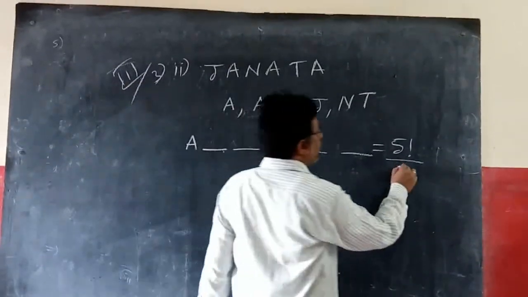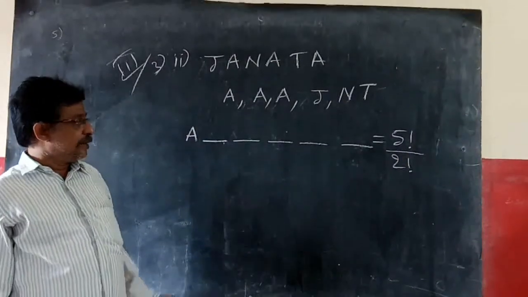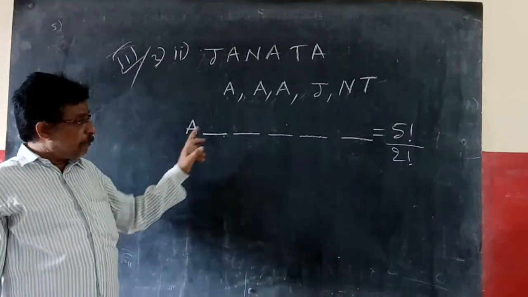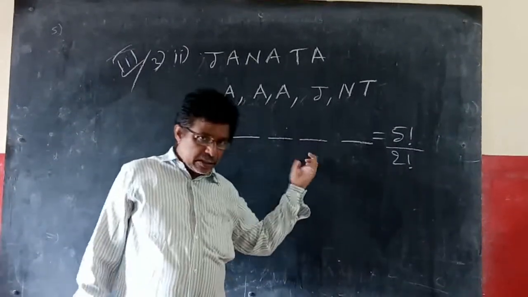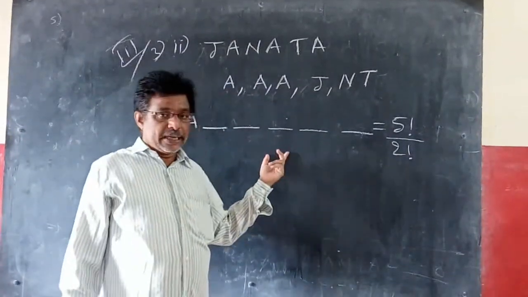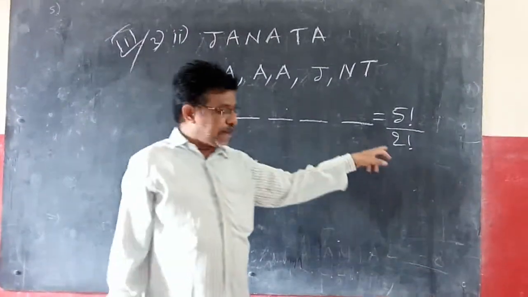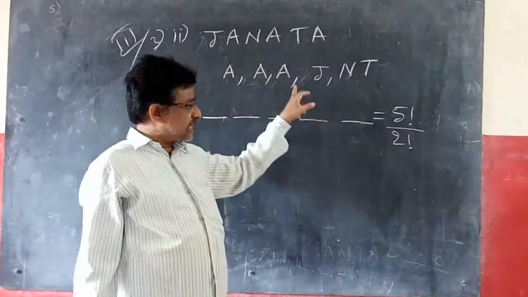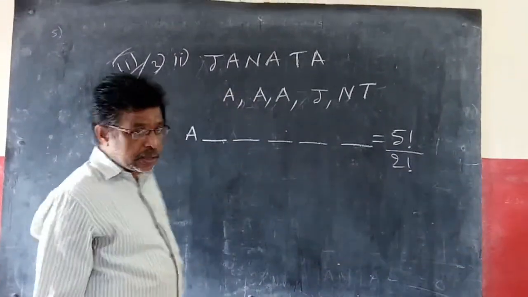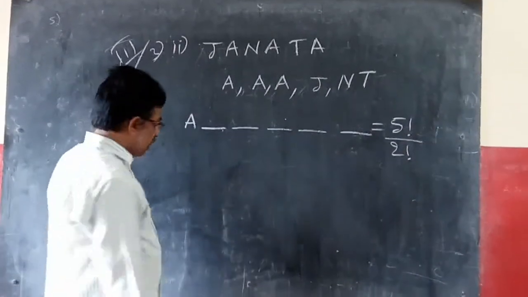If p things are alike, we write n factorial by p factorial. So 2 A's are alike, that's why 5 factorial by 2 factorial. The number of words starting with A is 5 factorial by 2 factorial.